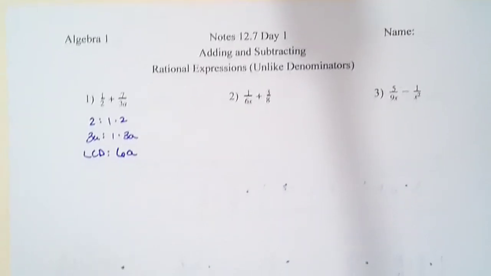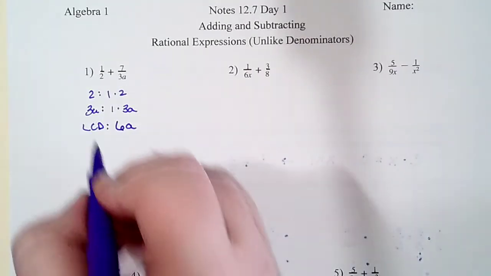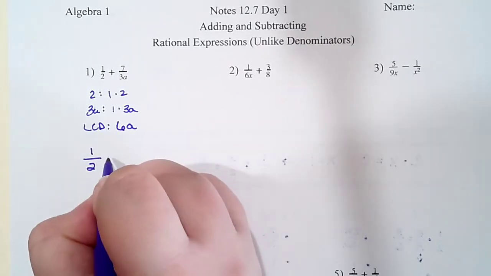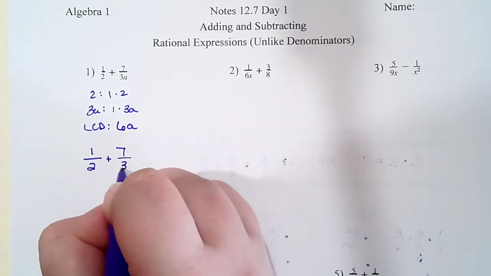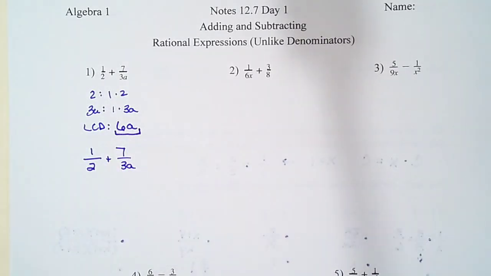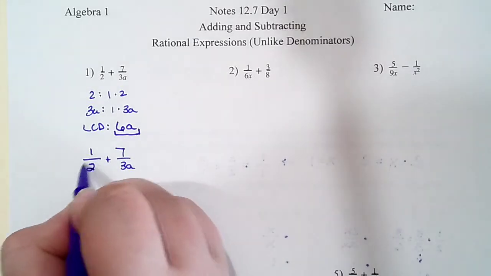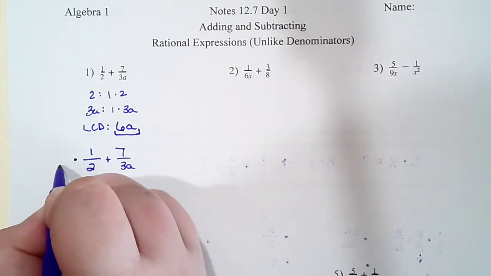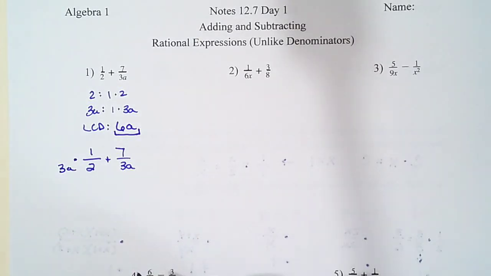And once I have my least common denominator, now I have to recreate that denominator on each side. 7, 3a. So how do I get a denominator of 6a on the left-hand side? Well, in order to change a 2 to a 6a, I need to multiply this side by 3a.